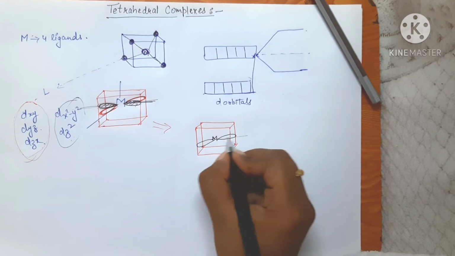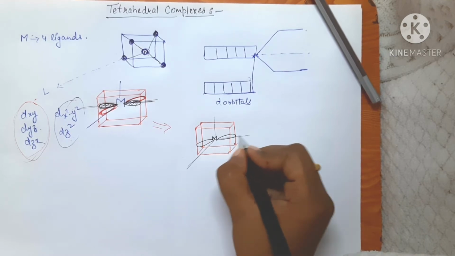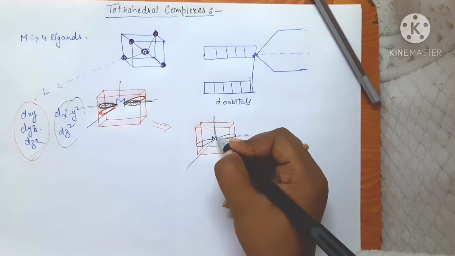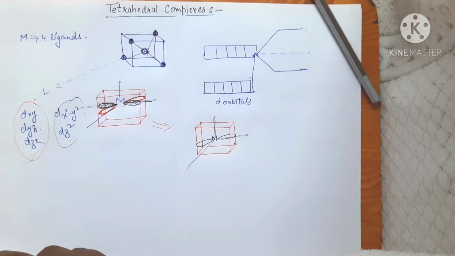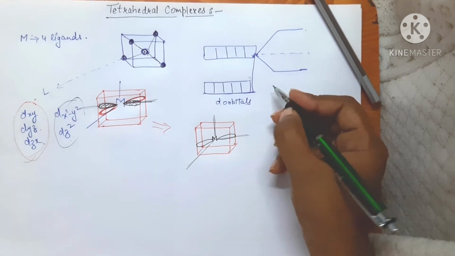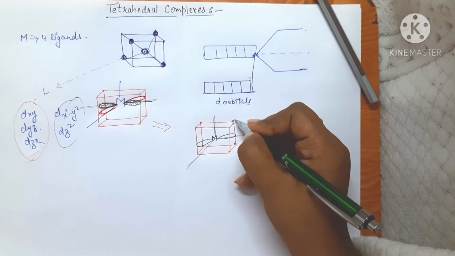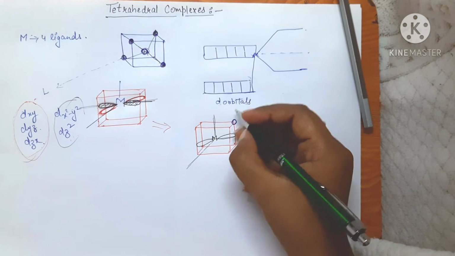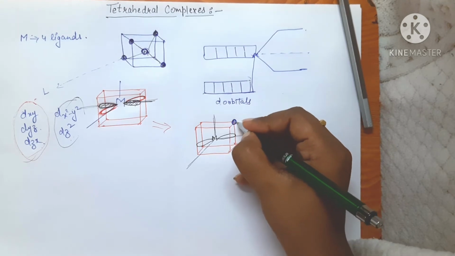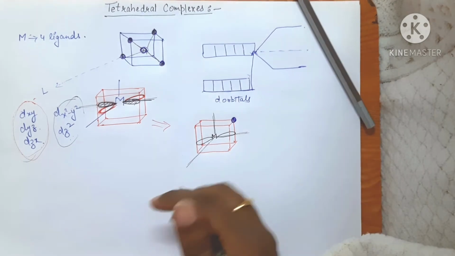Okay, this is the x-axis, this is y, and this is the z-axis. I hope the non-axial orbitals' orientation is clear now. So now the ligands will be coming from infinity towards this metal and will be attaching at this position. If I talk about only one ligand, then it is attaching at this position. So what are the observations now?